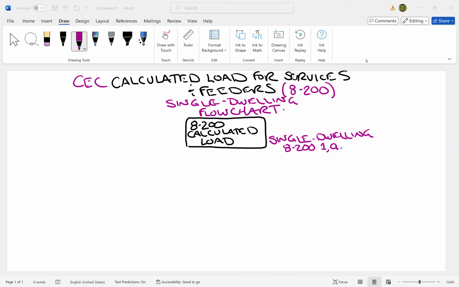All right, so let's look at each of these. The floor space one is, sorry, I shouldn't have an A here. Single dwelling is Section 8, Rule 200. 1 is for single dwellings, and 1A, this is 8-200, 1A is for floor space.